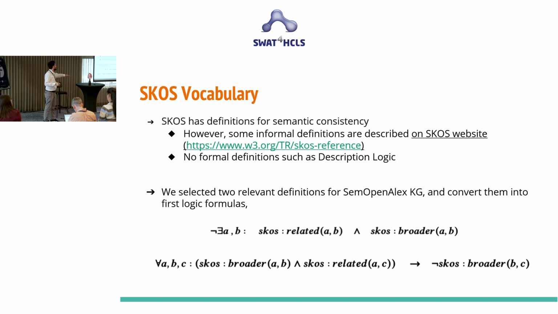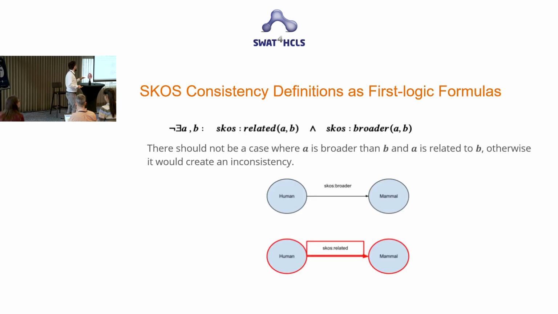One, for example, says that if you define a relationship between two concepts, they shouldn't be related and broader at the same time. This was in free text format, so we formalized it in first order logic, and based on that we detect those inconsistent triples. As I said, for example, if you define that human is a broader of mammal and human is related to mammal, you should pick one of them, not both.